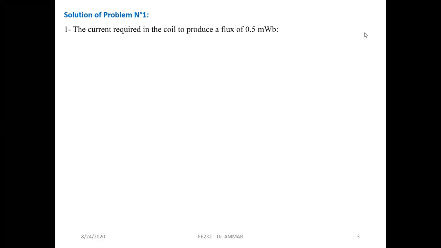Oh, here you go. Okay, I found this element. Okay, so the first question is the current required in the coil to produce 0.5 milliweber.